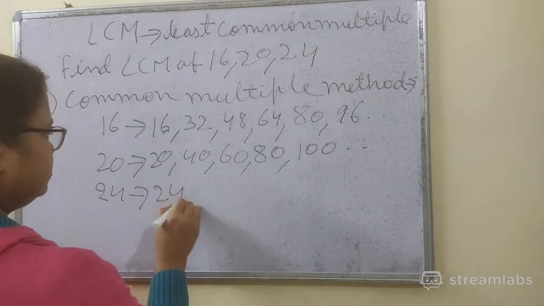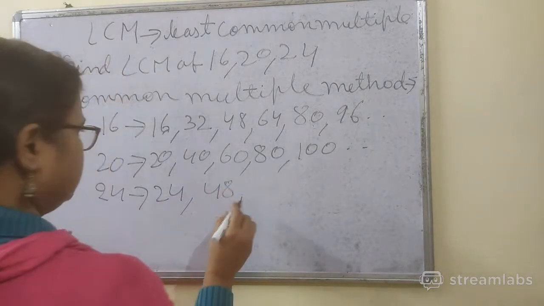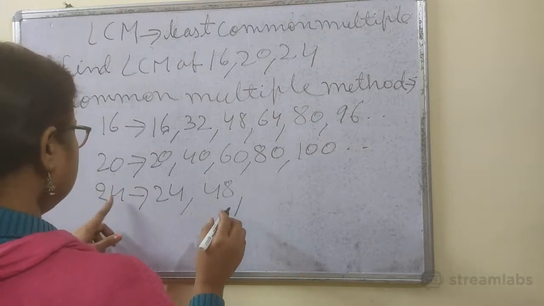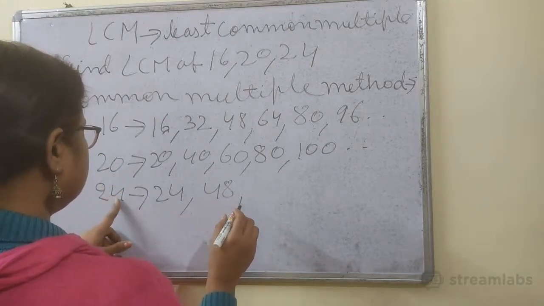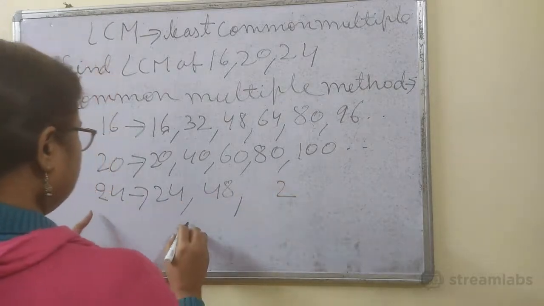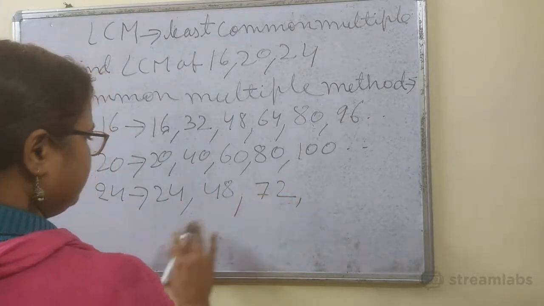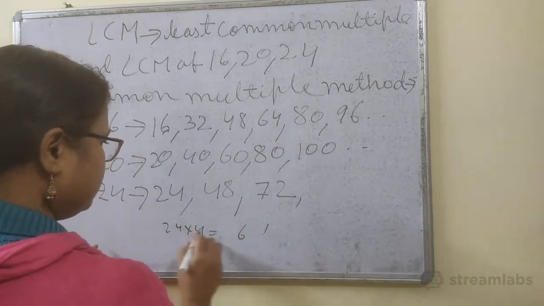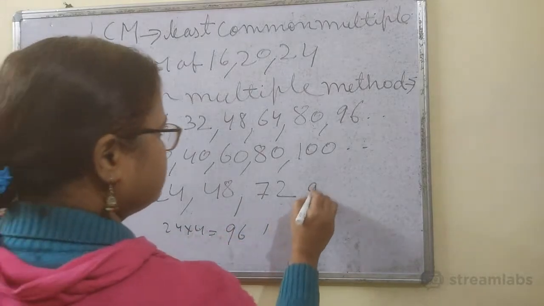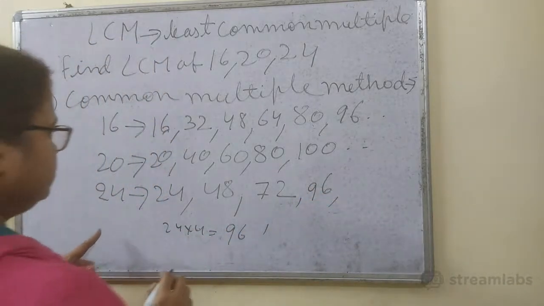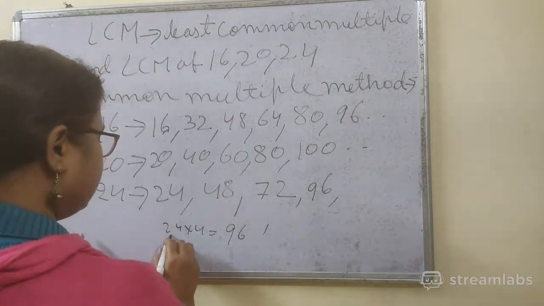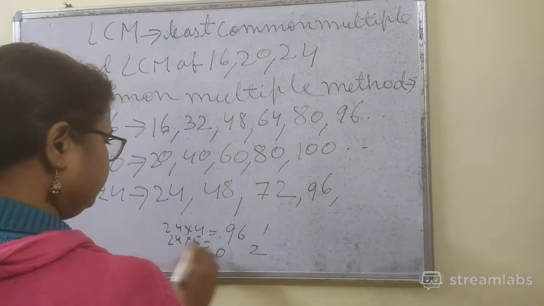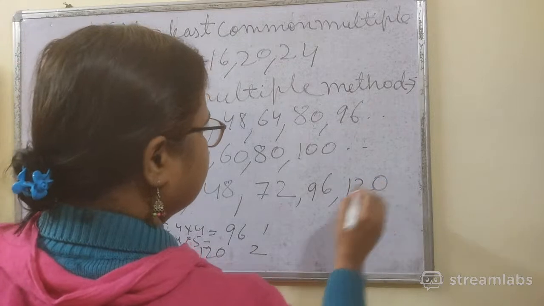So okay, 24 1s are 24, 24 2s are 48, 24 3s are 72. Then 24 4s are 96. Then 24 5s are 120.